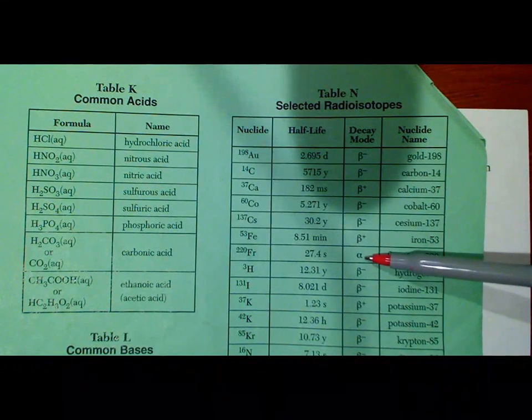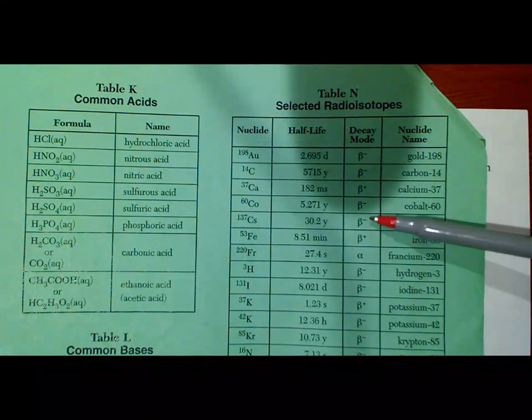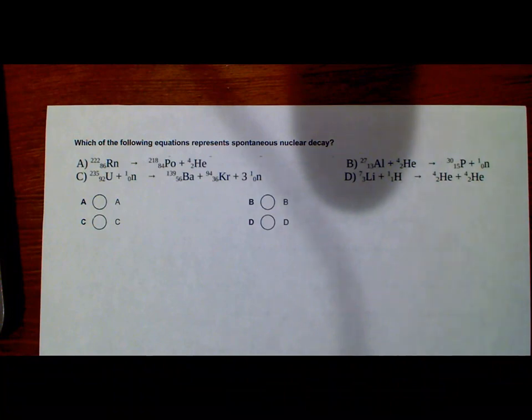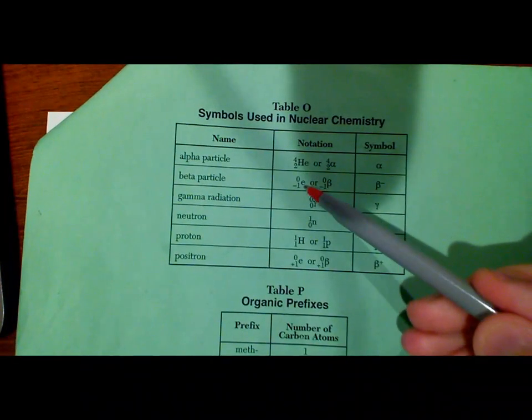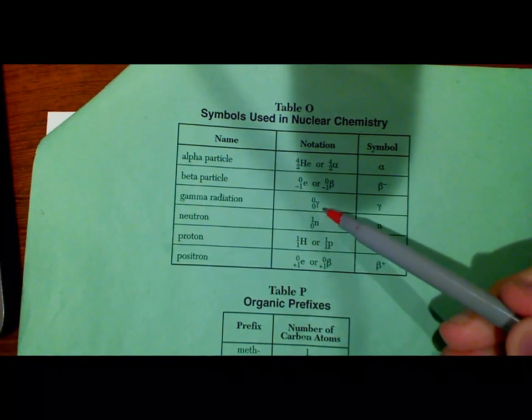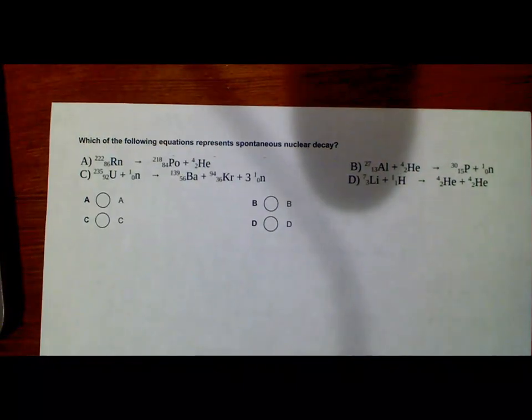Either fancy looking alpha, fancy looking beta minus, that's beta, fancy looking beta plus, that's positron. One of these particles will be released, and then they'll turn into some other type of element. So you want to look for one element on the left of the arrow, and on the right side of the arrow, one of these things, either alpha, beta, or positron. Sometimes you'll see some gamma radiation also, and turning into some other element.